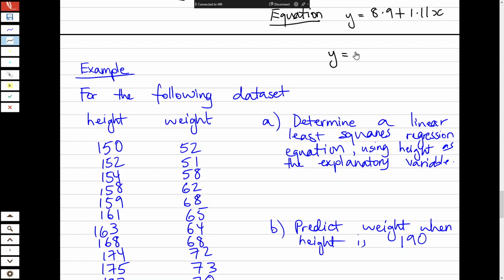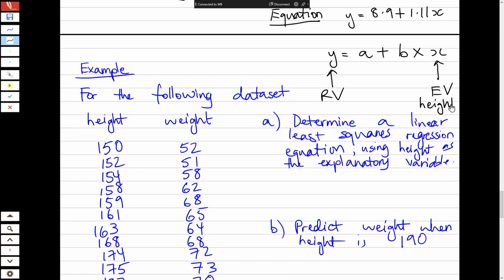Remember, a linear equation looks like this: Y equals A plus B times X. Now, the explanatory variable is X, and the response variable is Y. The convention that's used in this course is if I have worded descriptions of my variables, I'm going to write my equation with words.